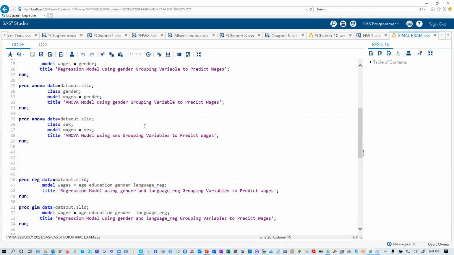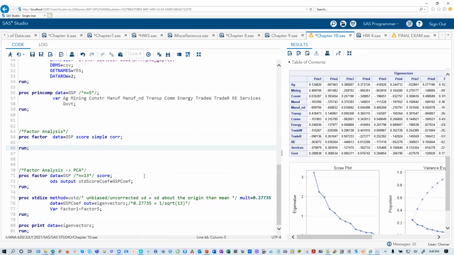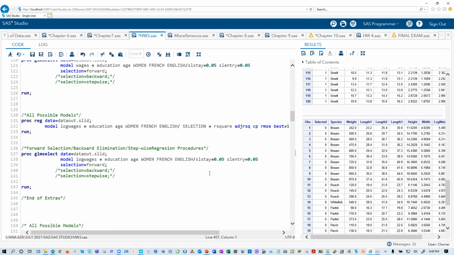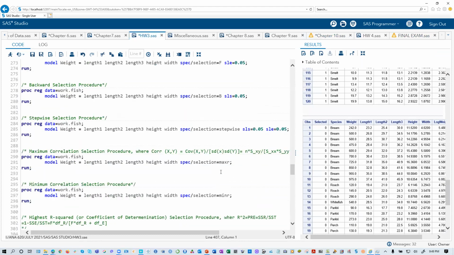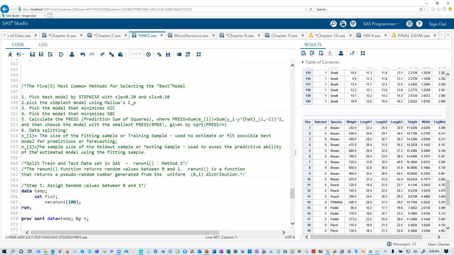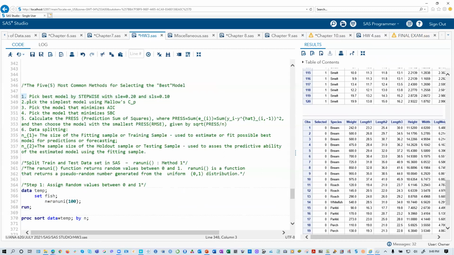At the end of the day, the best 5 I have already listed over here. Can you remember? Under certain criteria I listed the best 5 procedures, not the p-value, not the r square. At this stage, these are the ones you are looking into. These are the major 5, or you can add more. All these are the ones you look into at the end of the day to come up with the best model.